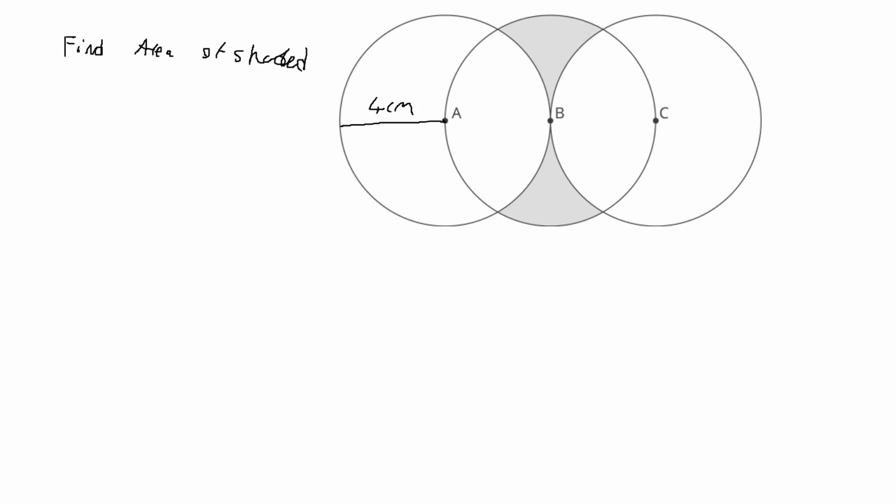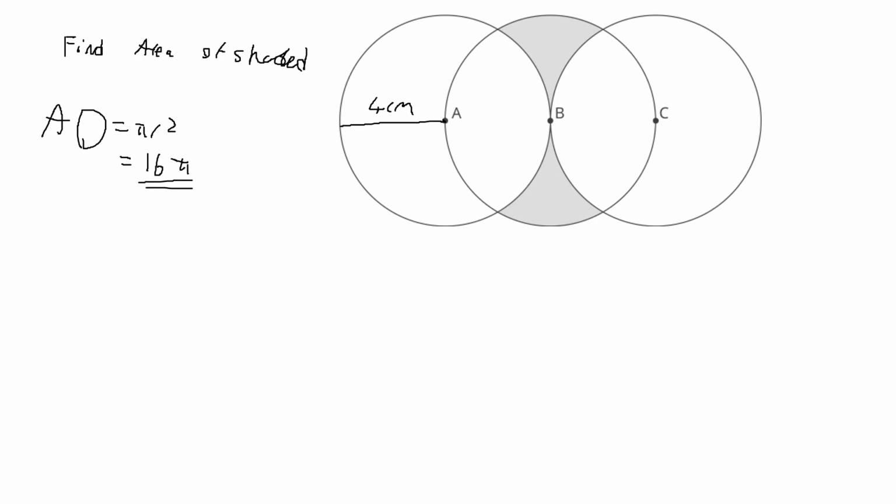Now, the first part, I'm fairly certain anyone could get. The area of the circle is just going to be pi r squared, which is equal to, what's 4 times radius squared? It's just going to be 16 pi, isn't it?